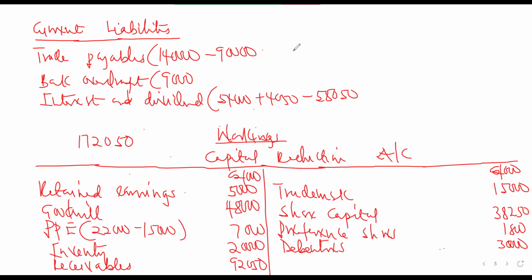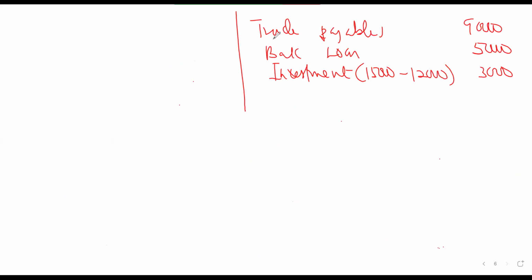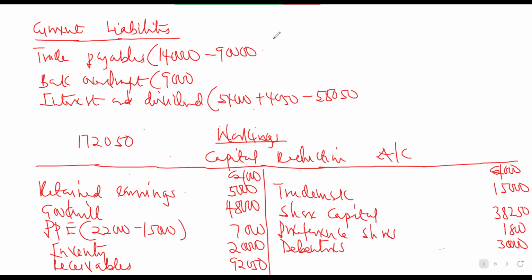Okay. So we have 15,000 plus 38,250 plus 1,800 plus 30,000. Okay. Plus 30 plus 90 plus 50 plus 3,000. I'm having 228,050. Is that correct? Yes, it's correct.